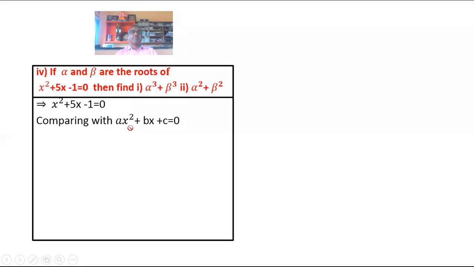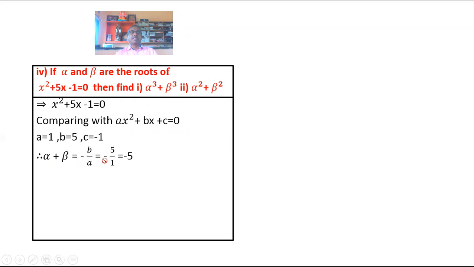Comparing with ax square plus bx plus c is equal to 0, therefore a is equal to 1, b is equal to 5, and c is equal to minus 1. The relation between roots and coefficient of quadratic equation: alpha plus beta is equal to minus b upon a.